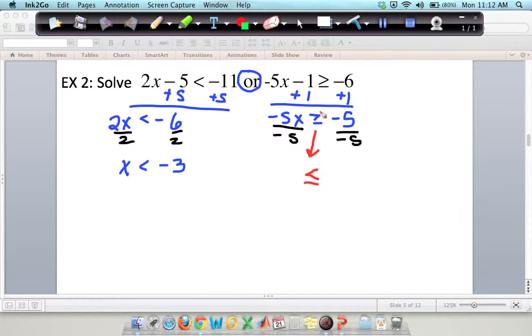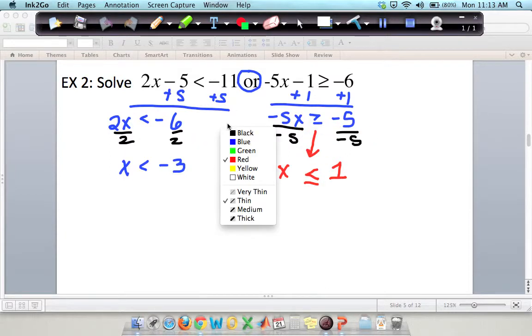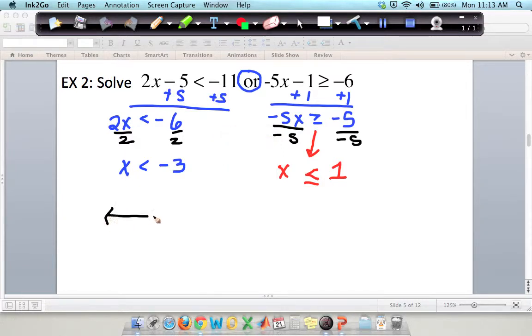So it's greater than or equal to needs to become a less than or equal to. And we get x is less than or equal to negative 5 divided by negative 5, which is 1. So remember that rule, when you multiply or divide by a negative in an inequality, you need to switch the sign.